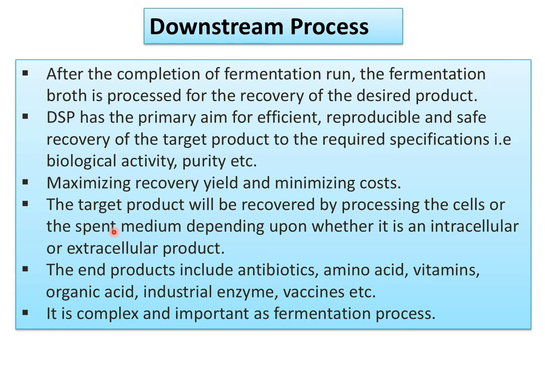So the target product will be recovered by processing of the cells or spent medium, depending upon whether it is an intracellular or extracellular product. So now the product may be intracellular or it may be extracellular. So the steps involved in this process will totally depend upon the kind of the product we have.